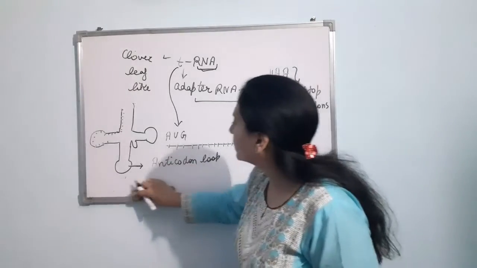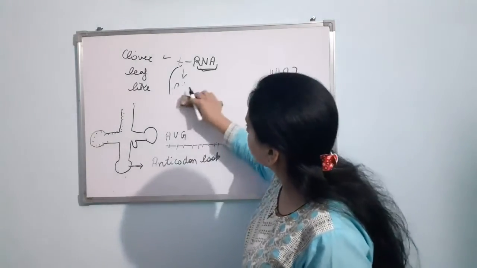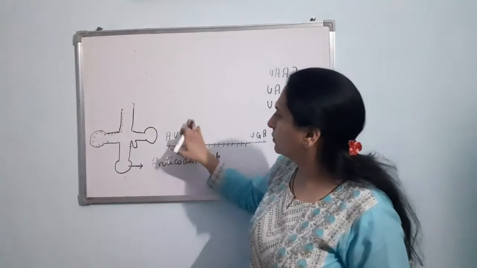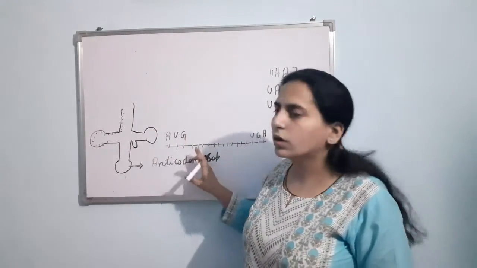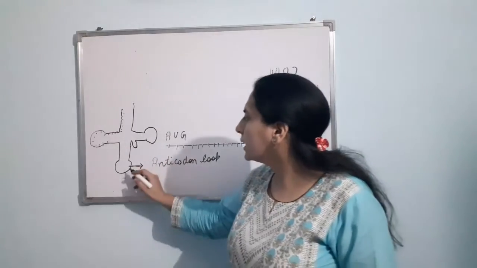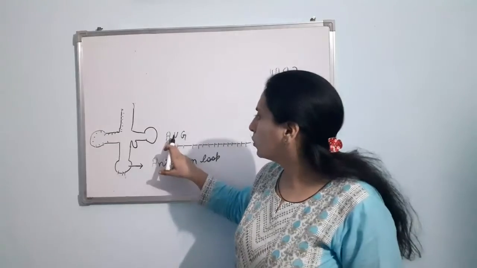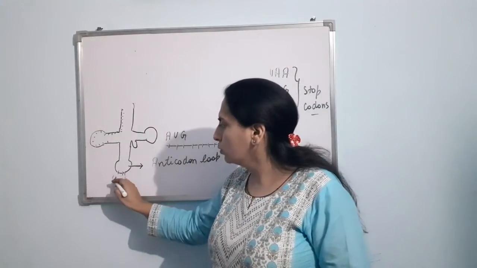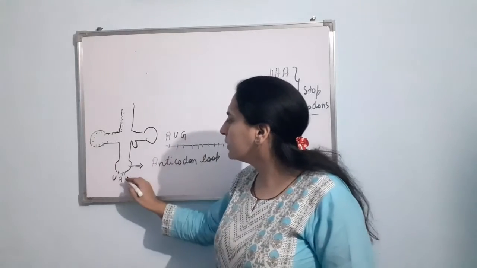Like we have this mRNA, AUG is there, right? Now suppose this tRNA corresponds to this. Then in the anticodon loop, it will have the anticodon. The codon is AUG, so for A it will have U, for U it will have A, and for G it will have C.